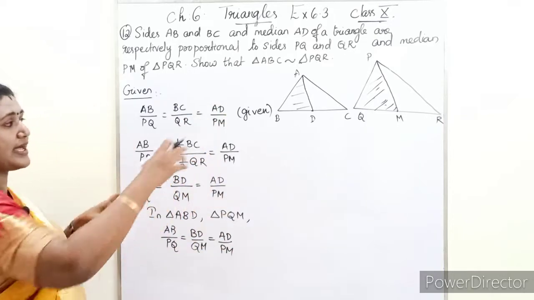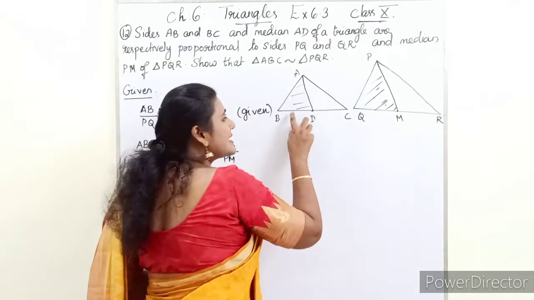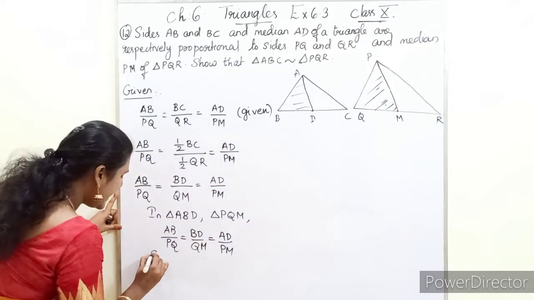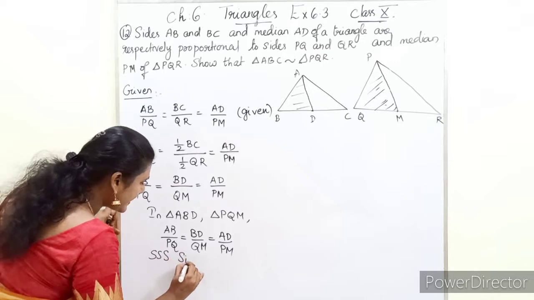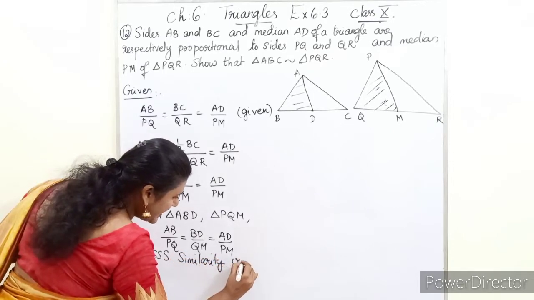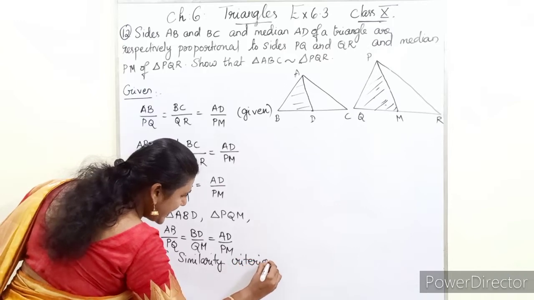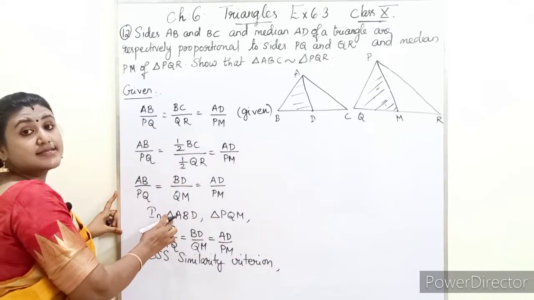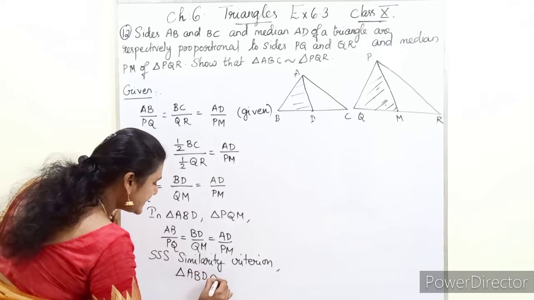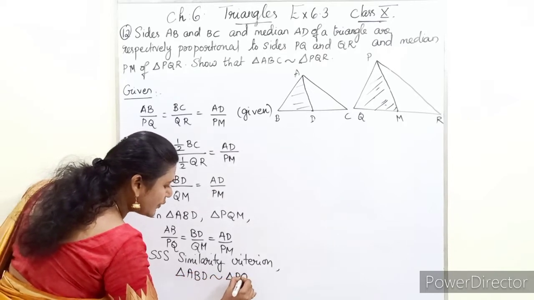So in these two triangles we got all the three sides ratios are equal. Therefore by SSS similarity criterion, we can say that these two triangles are similar. So we can write triangle ABD is similar to triangle PQM.